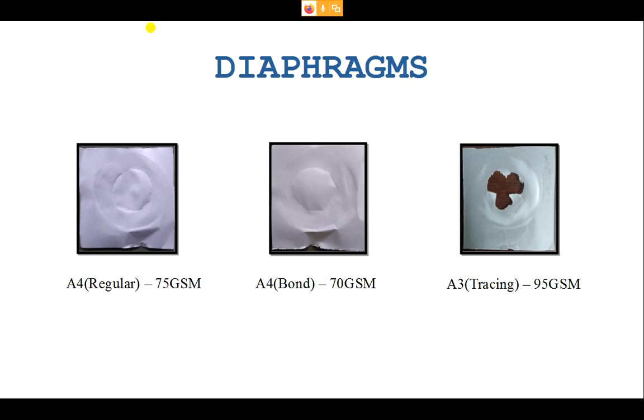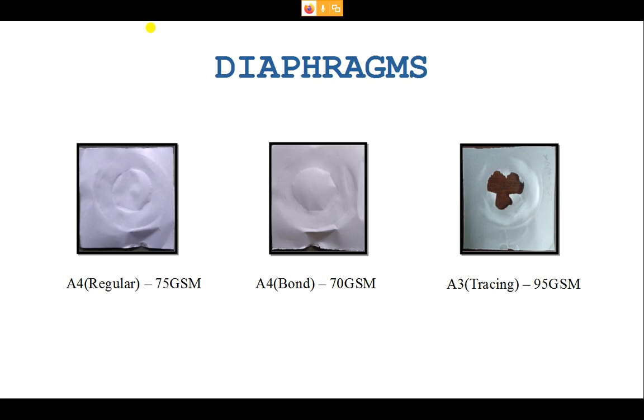Why did the regular and bond sheets not rupture? If you see, paper is made of wood. Wood is ground to a paste, rolled into a sheet, dried up, and made into paper. When we used this paper as a diaphragm and pressurized the air, the air started leaking through the fibers of the wooden strands in the paper.